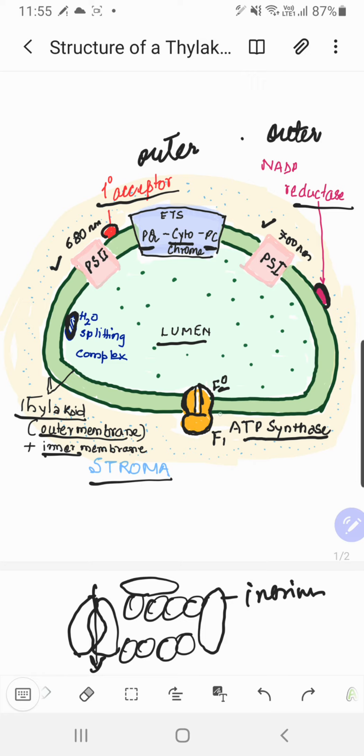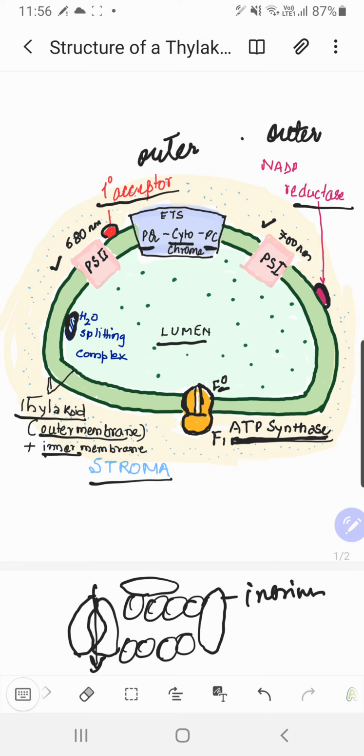The second component of this whole structure is F1. This F1 is basically acting as the enzyme ATP synthase, being proteinaceous in nature, right? So if something is ATP synthase, that particular structure is going to synthesize ATP from ADP, right? So now you understand.